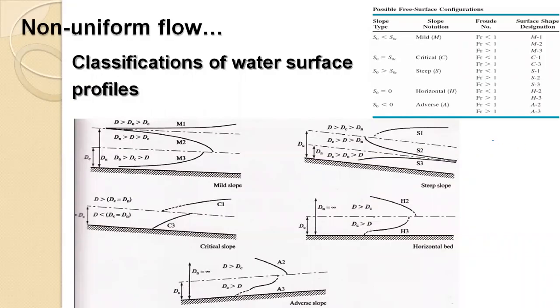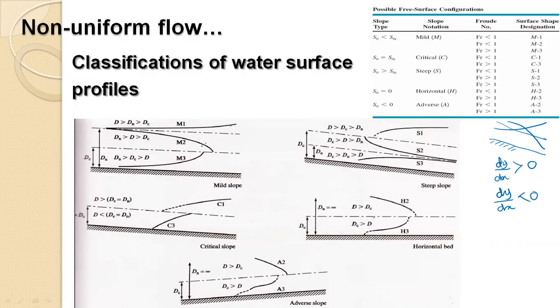Now, the water level is not parallel to the bottom slope, and it can have different profiles. dy by dx can be greater than 0, and dy by dx can even be less than 0. dy by dx equals 0 when the flow is uniform. In other conditions, it can be either positive, which means a profile like this, or negative, which means a profile like this.